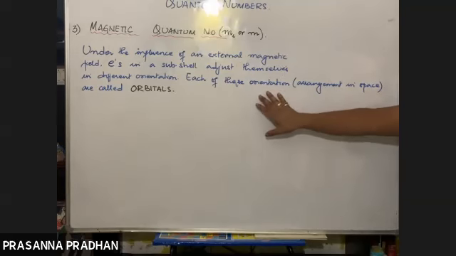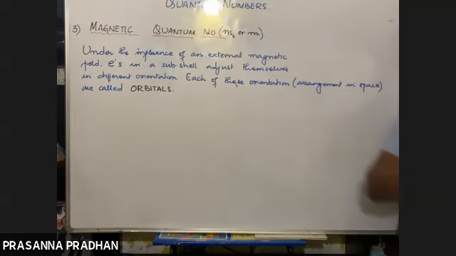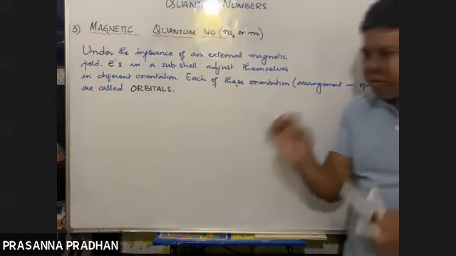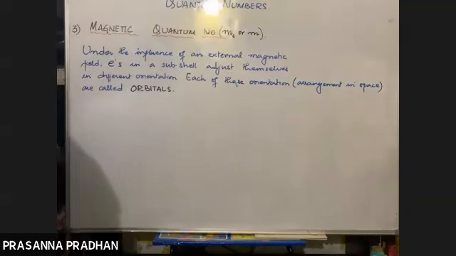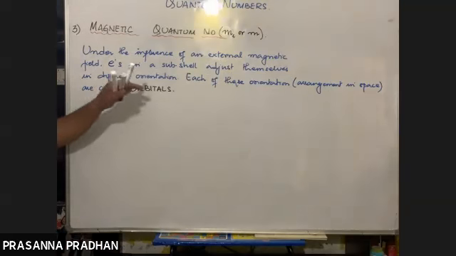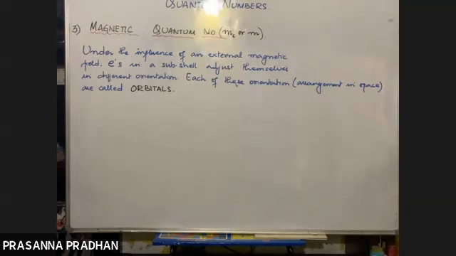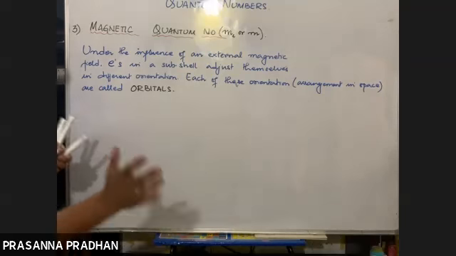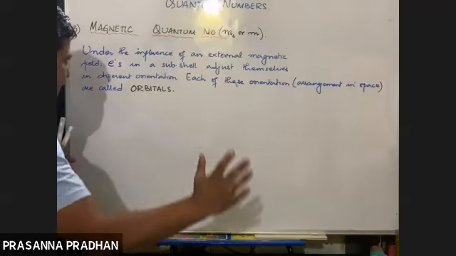Each of these orientations is called an orbital. So the magnetic quantum number gives us the orientations of subshells under the influence of a magnetic field, and each of these orientations is called an orbital. Now I'll link everything together.